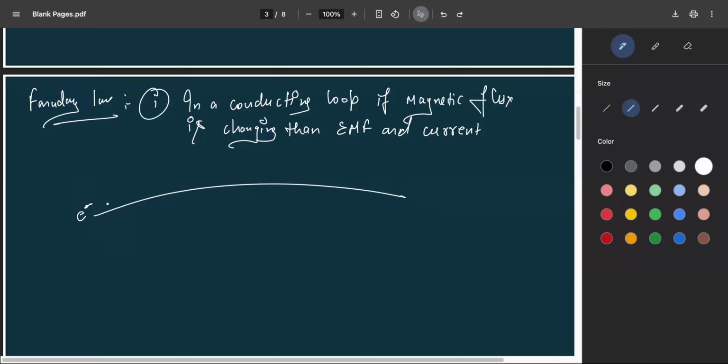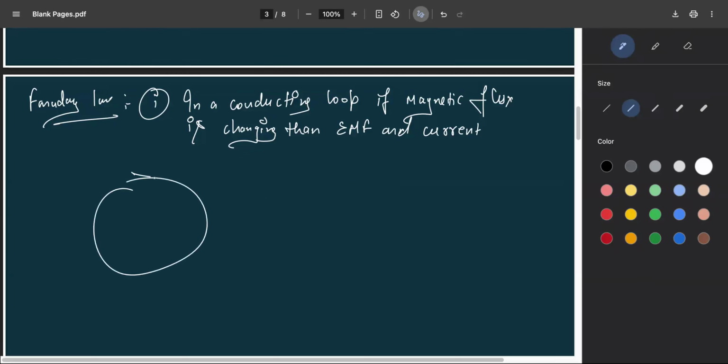It means if the current in the loop is in this direction, there must be some point where, if you go in this direction, you reach a lower potential. Maybe this is higher, so electrons try to move from here to here. This kind of thing can happen. So EMF and current are induced.